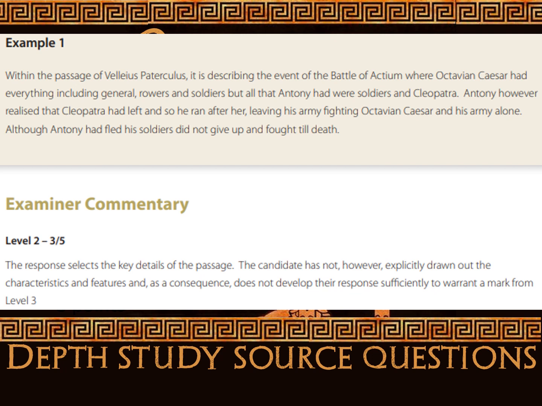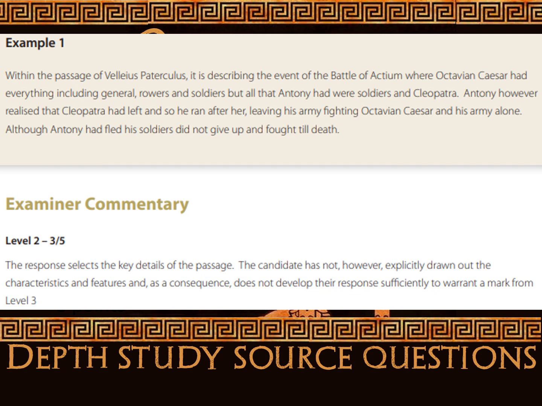So effectively they're paraphrasing what is in the source, but they've picked out some of the key details, and there's a little bit of contextualization going on where he talks about Octavian and Antony, and whoever wrote this response clearly knows who had lots and who had little. They can read, they're not just picking out 3 things from the source, but this is a good example of that very perfunctory, quick fire, 3 things from the source, move on.